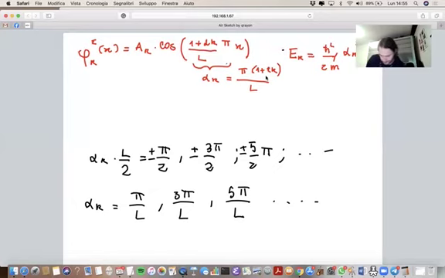Good. k equals 0, 1, 2, and so on and so forth.